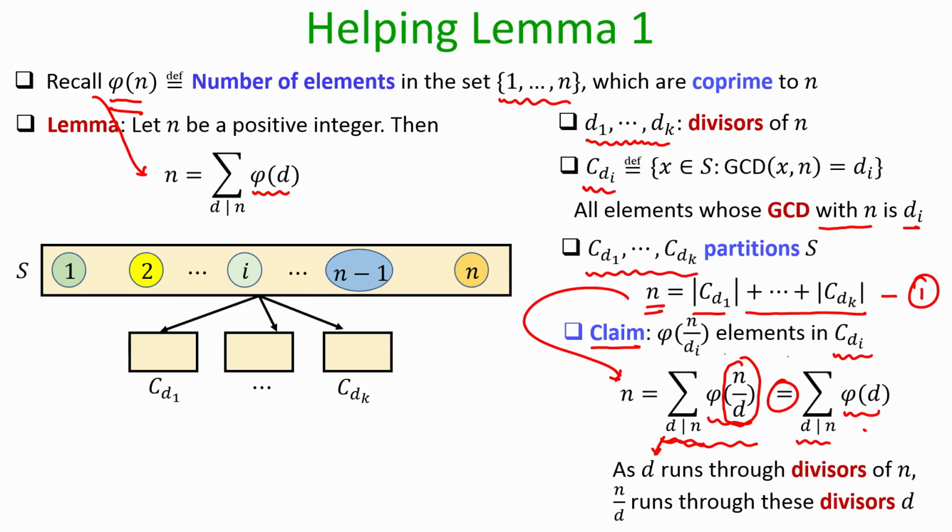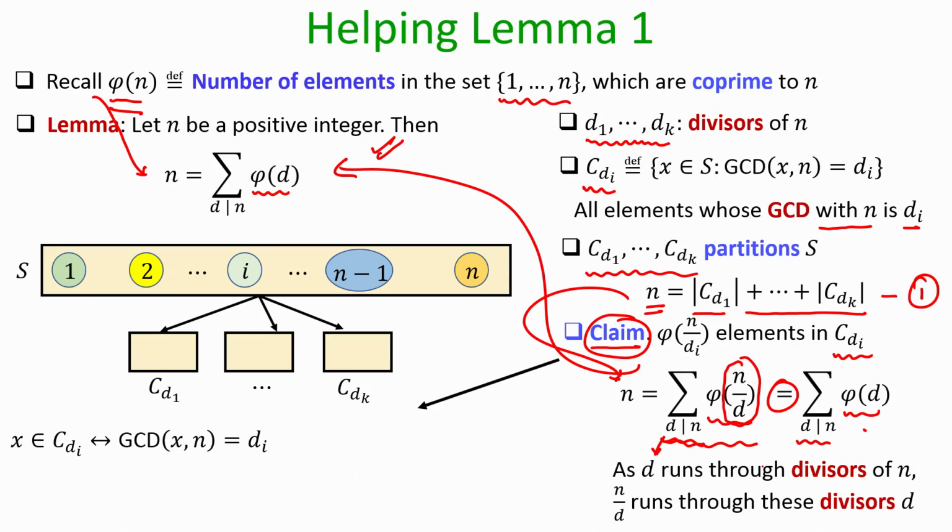And that proves my lemma, but now I have not yet proved this claim. So I have used this claim and then proved my lemma. Now, the question boils down to how exactly we prove this claim. My goal is now to prove that there are indeed these many elements in the ith bucket.